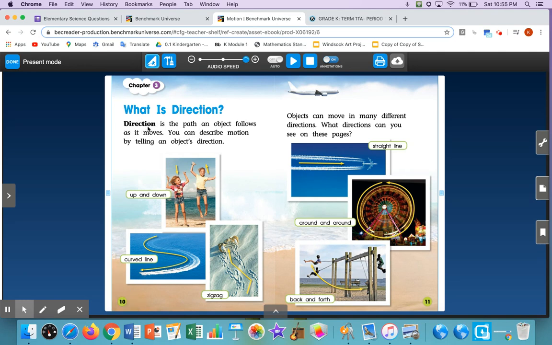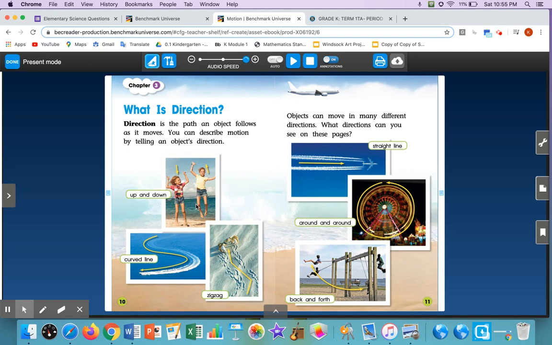It says, direction is the path an object follows as it moves. You can describe a motion by telling an object's direction. Objects can move in many different directions. What directions can you see on these pages?